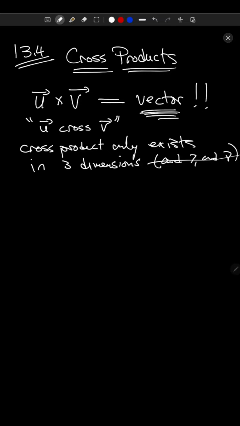So in terms of our class, that means there's not going to be any cross products in terms of vectors in the plane. You have to have 3 entries to be able to do a cross product.